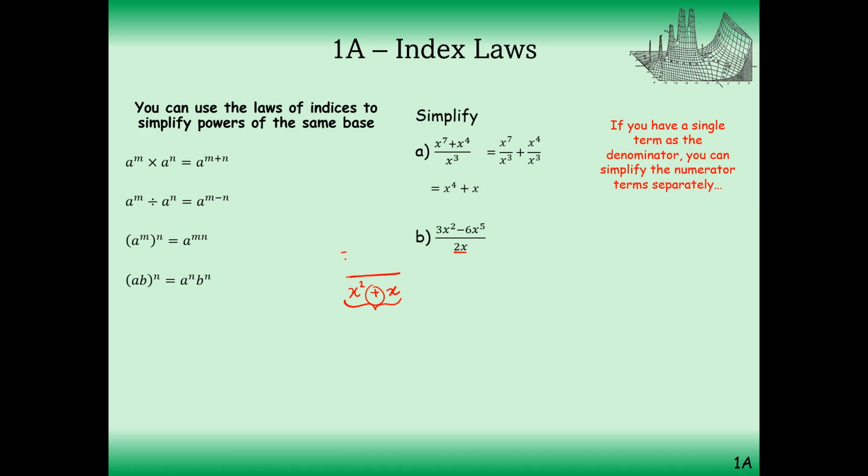You cannot have 3x squared minus 6x to the power of 5 and write it like 3x squared over x squared plus minus 6x to the power of 5 over x. Don't do this. This is a mistake that some students make, because this denominator is like so, you have to keep it intact. Alright, so let's have a look at this expression here.